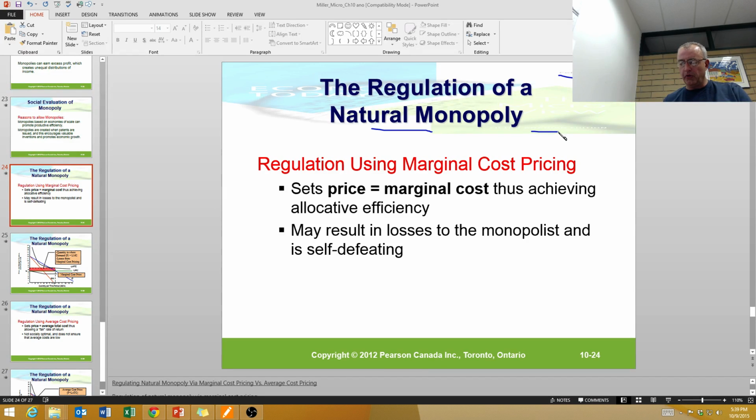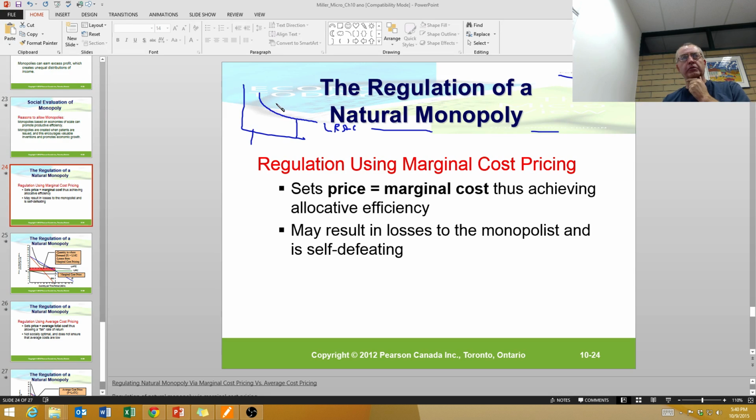And as I mentioned before, natural monopolies arise when companies have increasing economies of scale and they have very high fixed costs. So with natural monopolies, the long-run average cost curve declines in the output range.